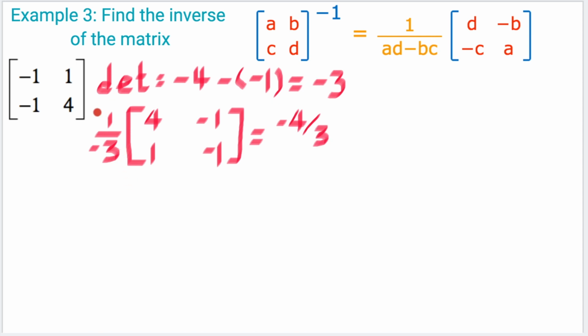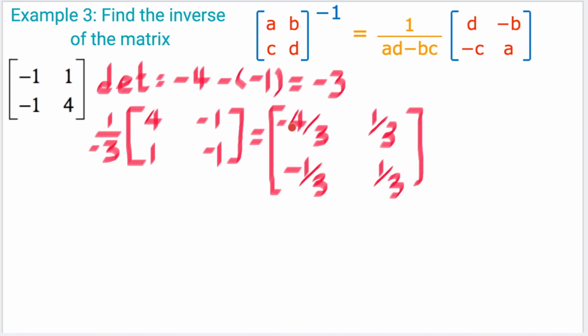And then when you multiply 1 over -3 times -1, it becomes a +1 over 3. And then the next value, when you multiply this fraction times +1, it's -1 over 3. And then when you multiply this -1 over 3 times -1, you get +1 over 3. And this is the inverse of this matrix. If you check, you multiply these two matrices, you get the identity matrix.